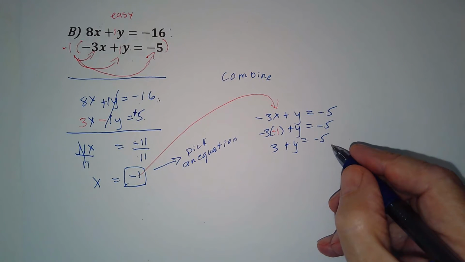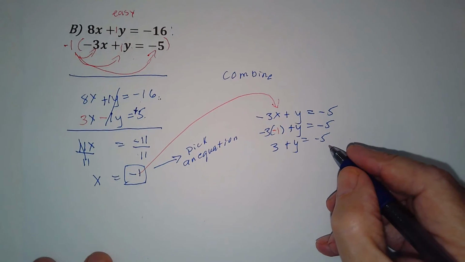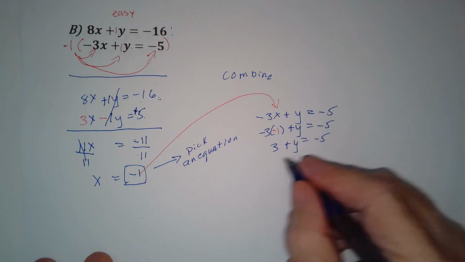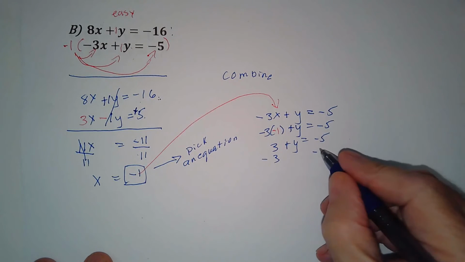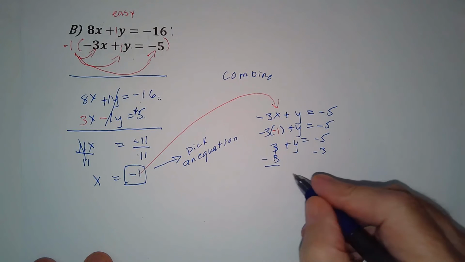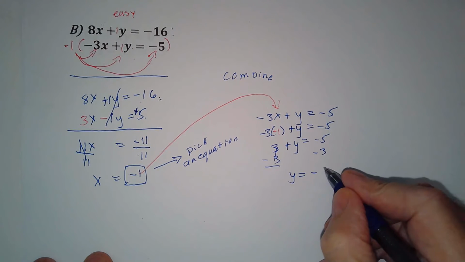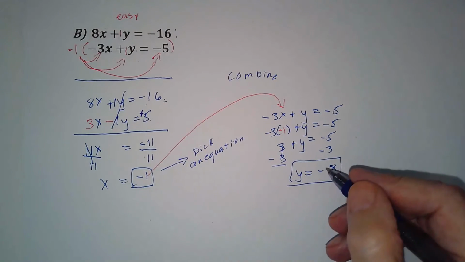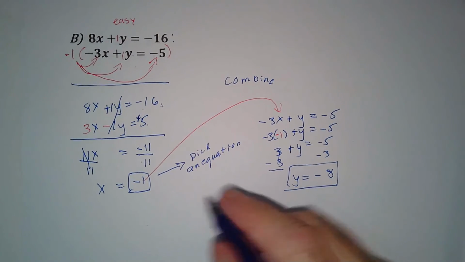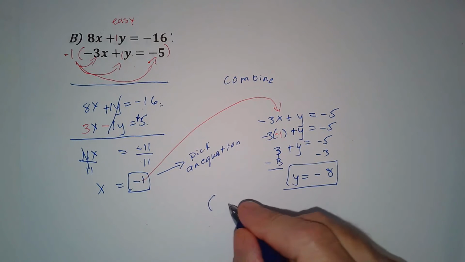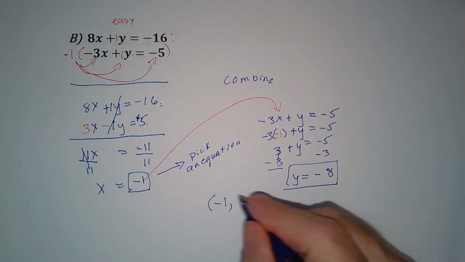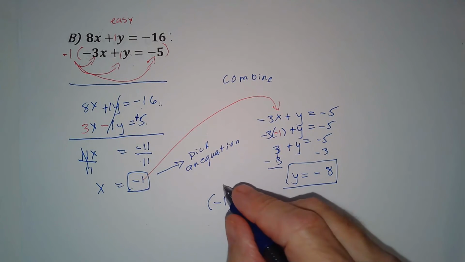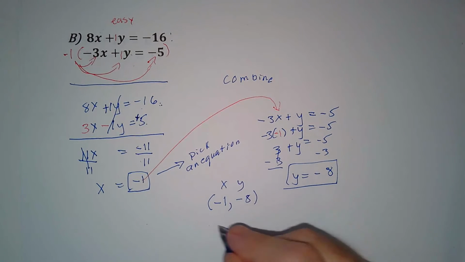And then we're going to subtract 3 from both sides. And we get y equals negative 8. Okay, so we've got our two answers. This would become an ordered pair, negative 1, negative 8. x is negative 1, y is negative 8. Okay, this is the solution to the system, right? So it's your solution.